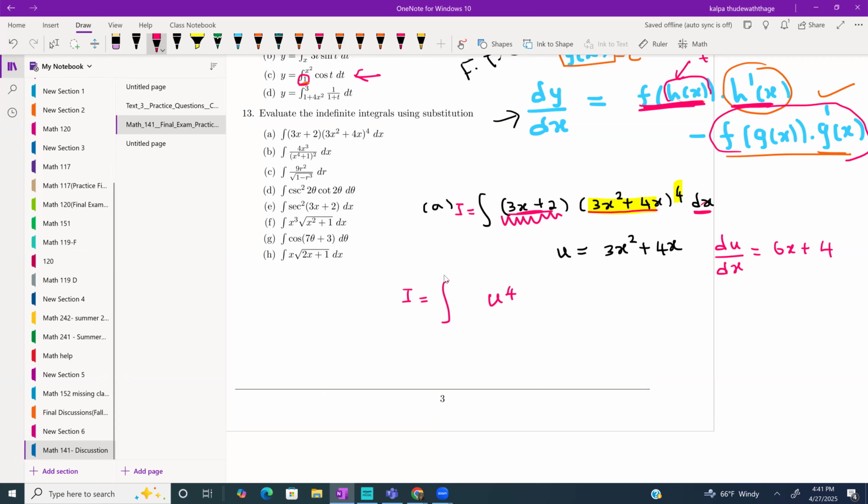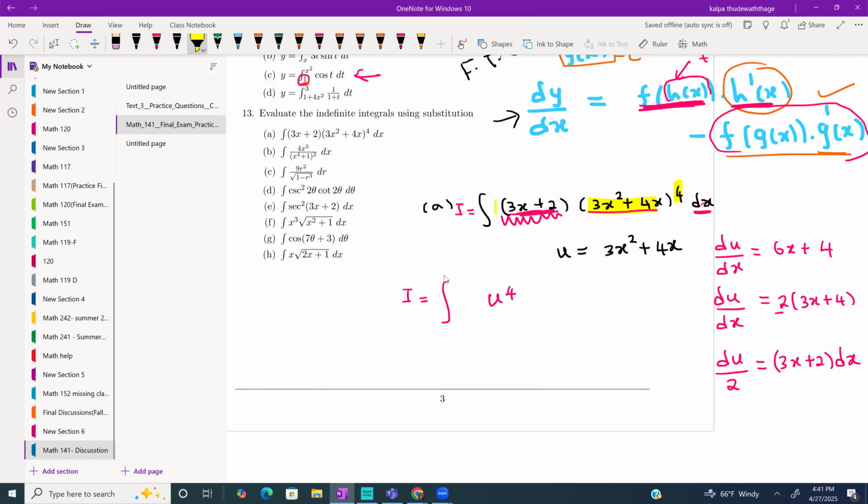I need 3x plus 2 dx. So if I take 2 out, it's 3x plus 2. So you can see I can kind of get the same thing, but I can bring 2 down, like du over 2, and I have 3x plus 2 times dx. I create that, you see.